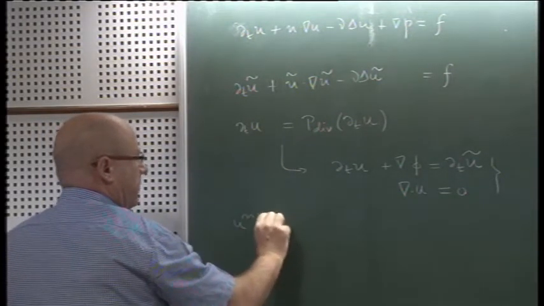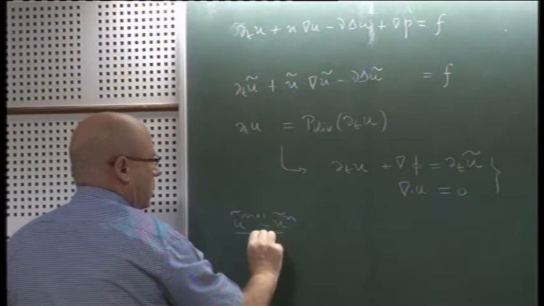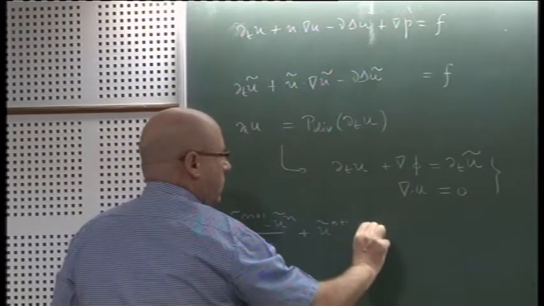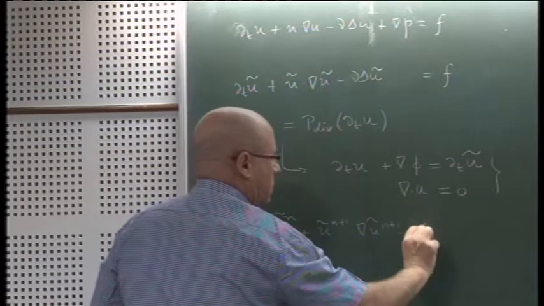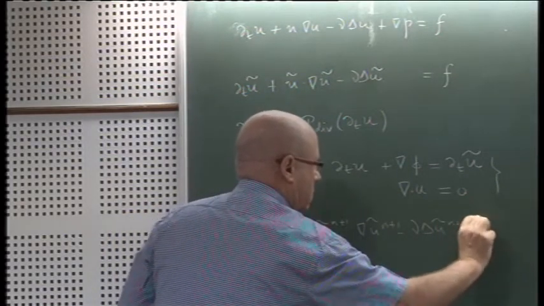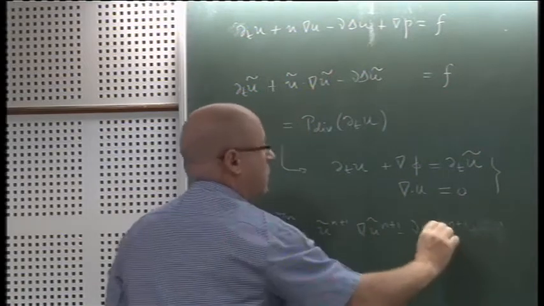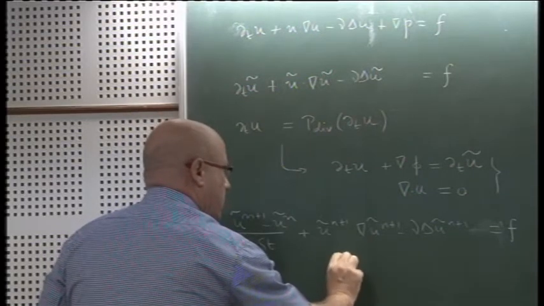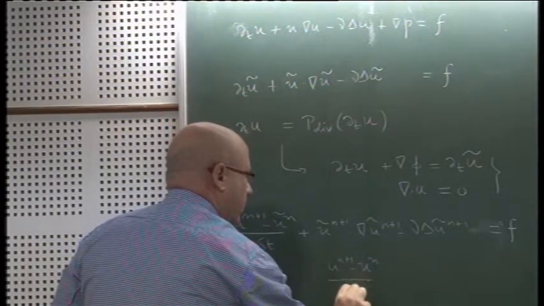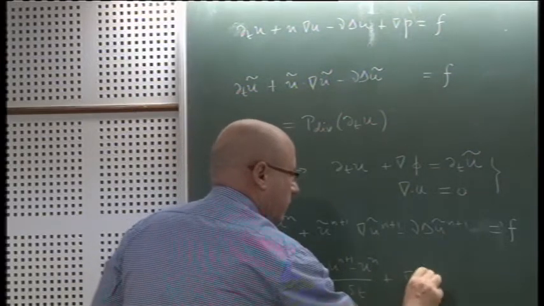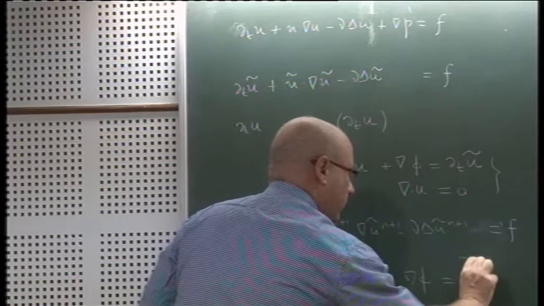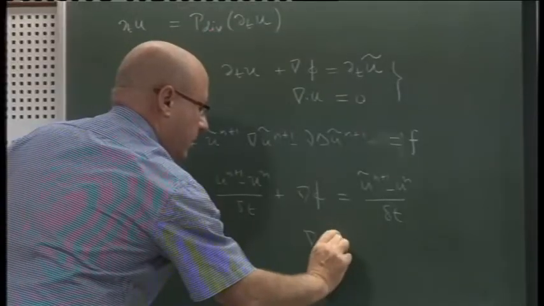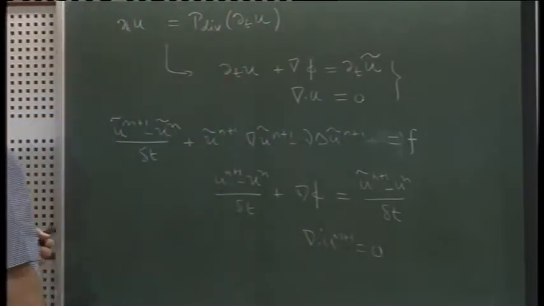Suppose we use, for example, the backward Euler method, and we solve these equations. Excuse me, there is no gradient here, equal to f. And then the other equation: u^(n+1) minus u^n divided by delta t plus gradient of phi equals u tilde^(n+1) minus u^n divided by delta t, with the divergence of u^(n+1) equal to 0. Okay, so this is a possibility.